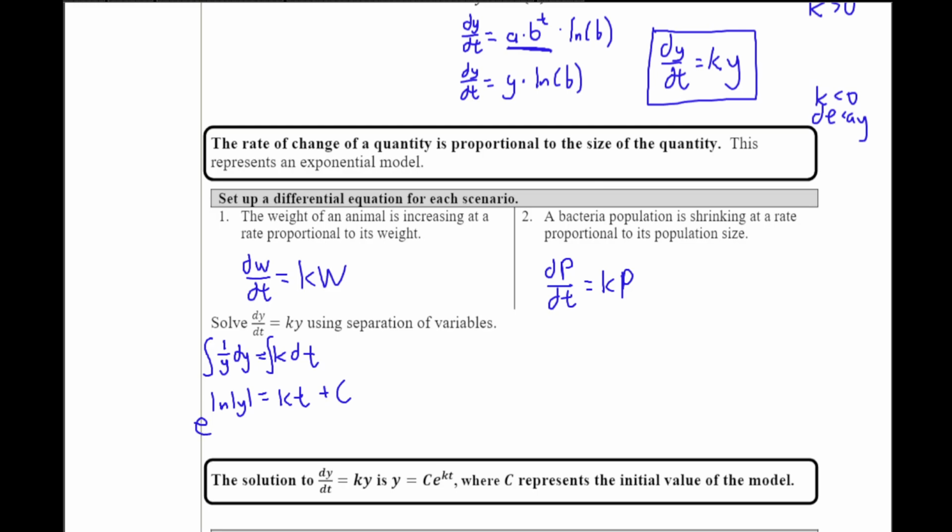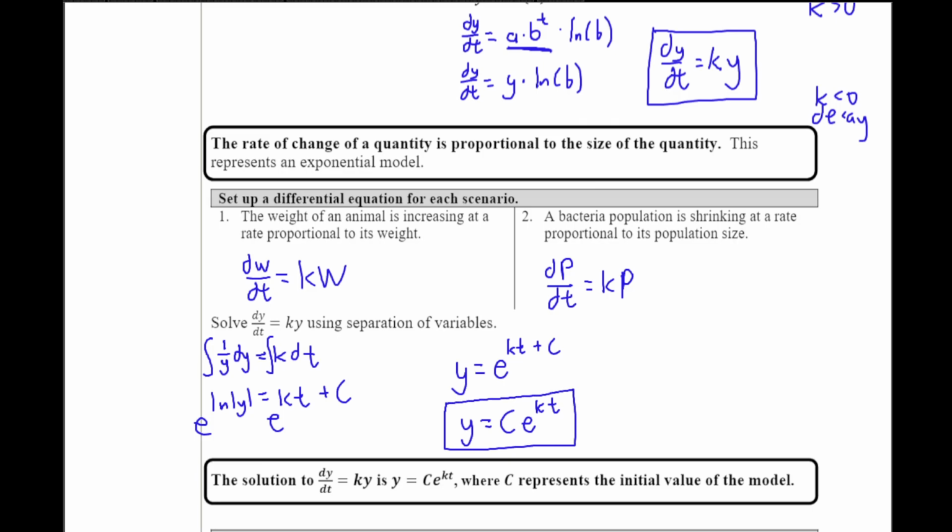Now you can raise both sides to the e, so on the left we have e to the ln y, which is just y, equals e to the kt plus c. Again, this is rewritten as y equals c e to the kt. If you have a plus c here, it just goes to the front as multiplication.